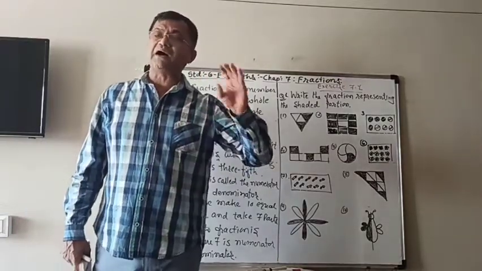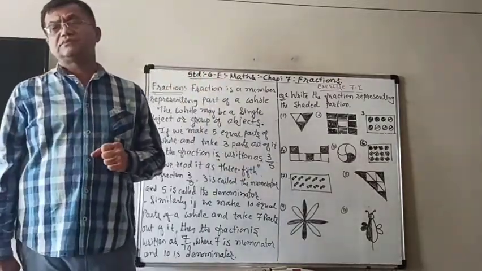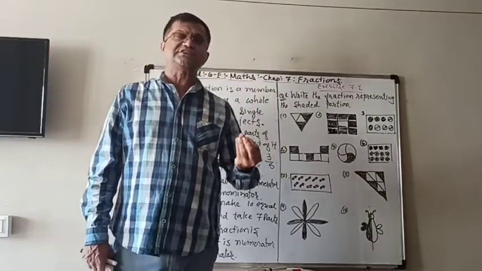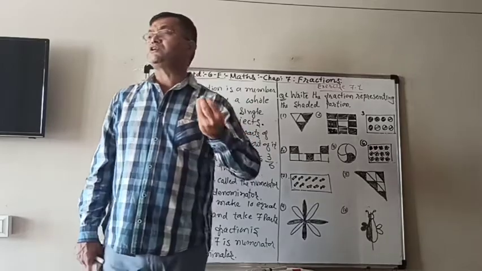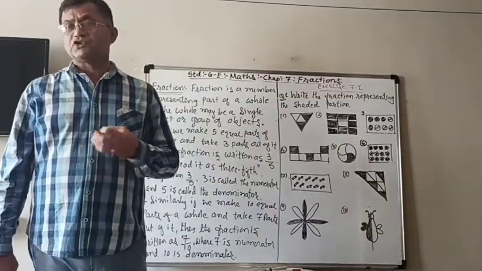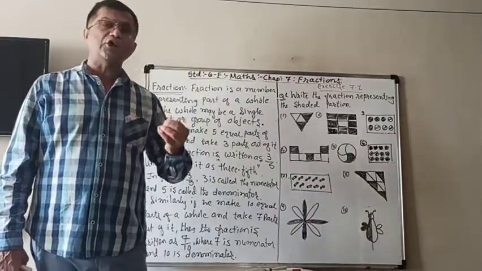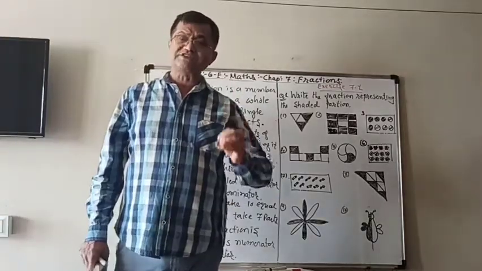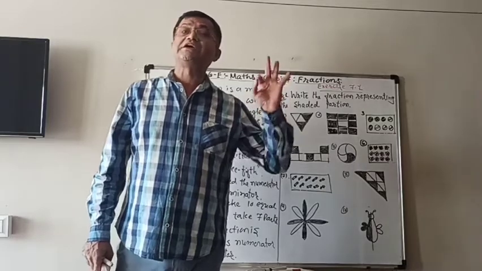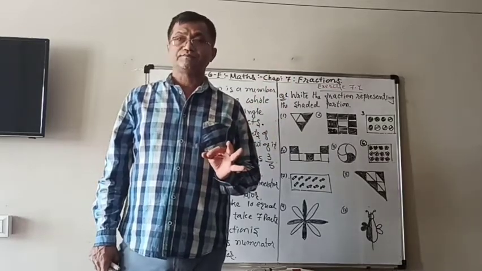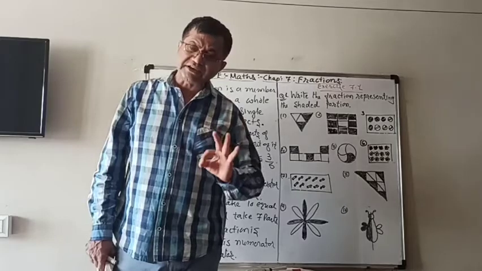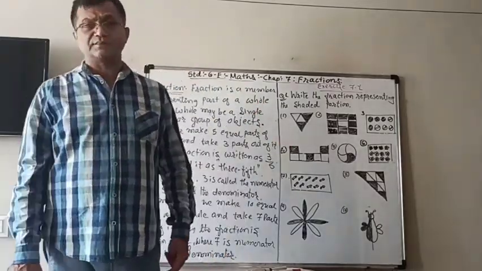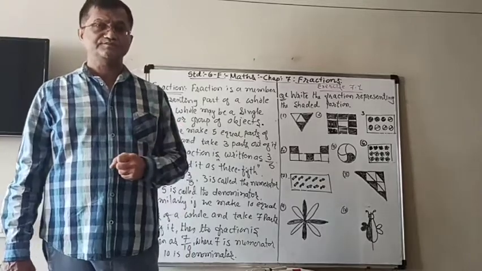If the parts are unequal, then we cannot express it according to the fraction. So whenever we talk about the fraction, the whole must be divided into equal parts. Then we can easily express that number as a fraction.